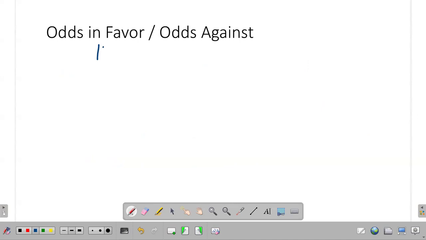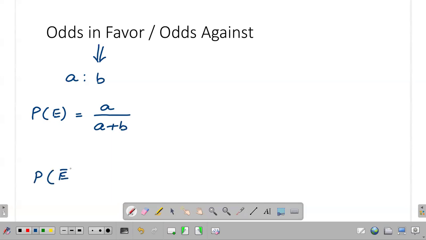So odds in favor of an event, let me say it is A is to B. It means the probability that the event E will happen is A divided by A plus B. The probability that the event E will not happen will be B divided by A plus B. Now, odds in favor of a particular event is as such the probability that the event E happens divided by the probability that the event E does not happen.